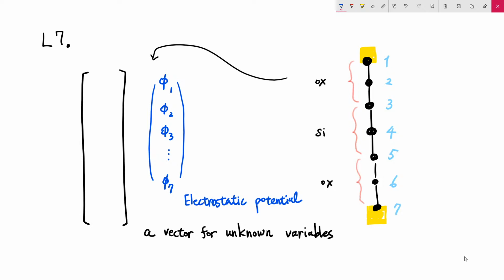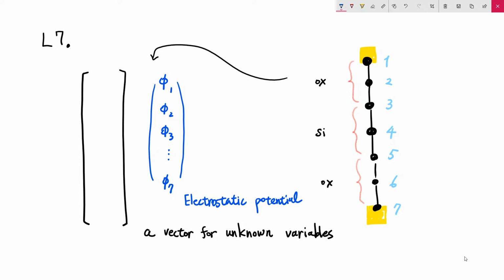In this structure, we have 7 vertices, and therefore, if we assign electrostatic potential at each vertex node, then we are assigning 7 different electrostatic potentials, starting from phi1 up to phi7.